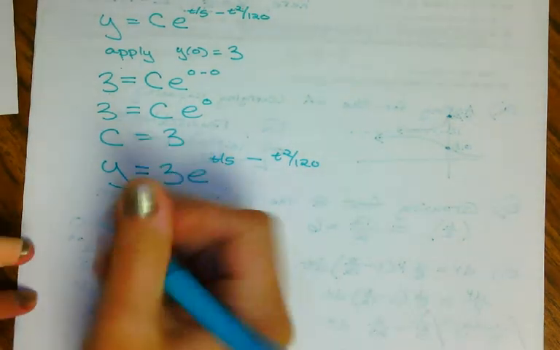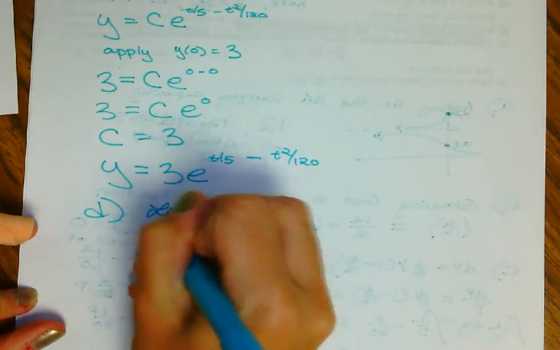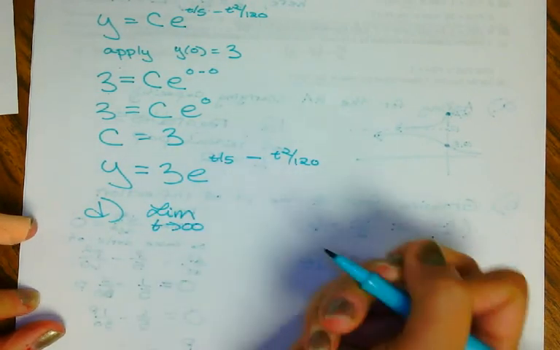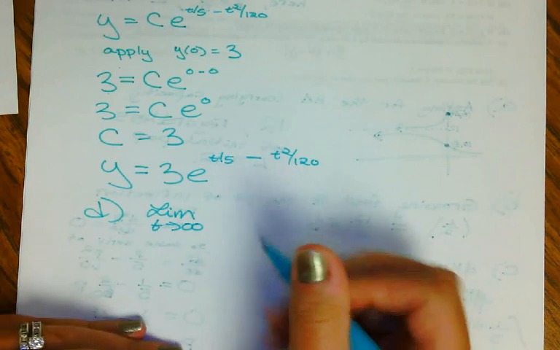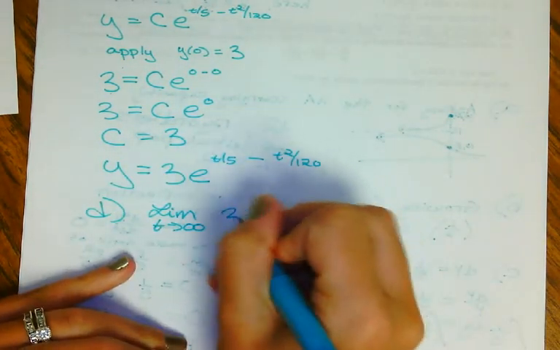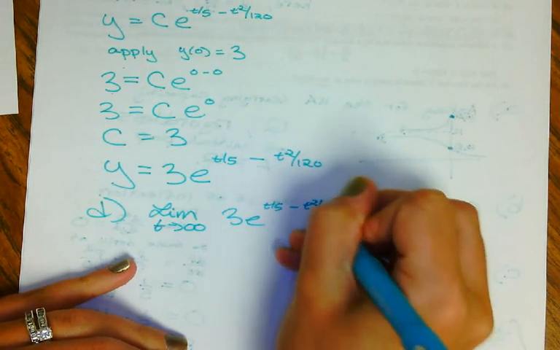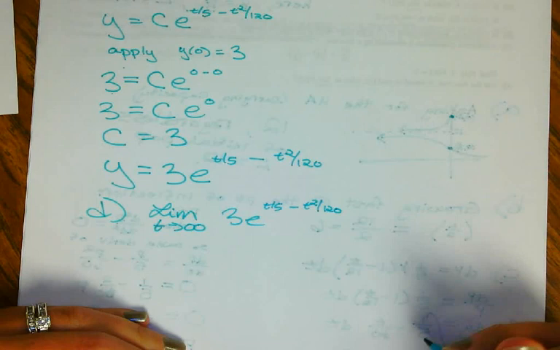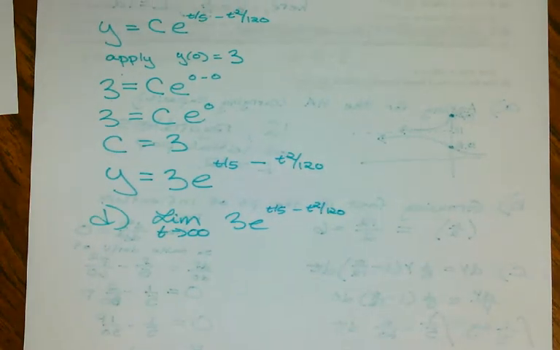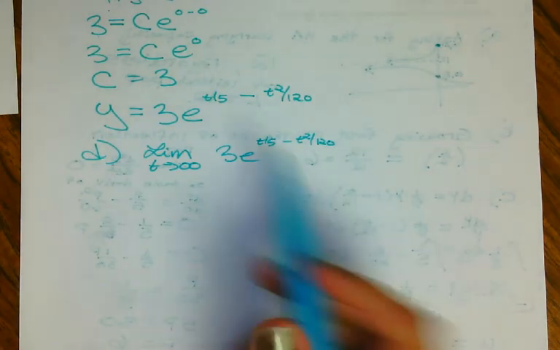So basically part D is asking for the limit as t approaches infinity for this equation, 3e, right, so for this thing here. And normally when we see the limit approaching infinity for a logistic equation, we always think about that carrying capacity.